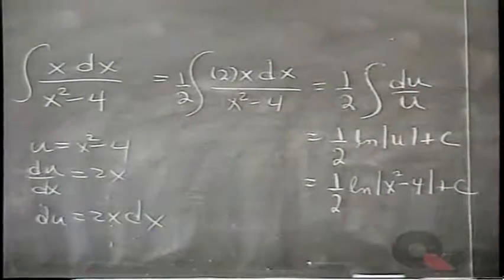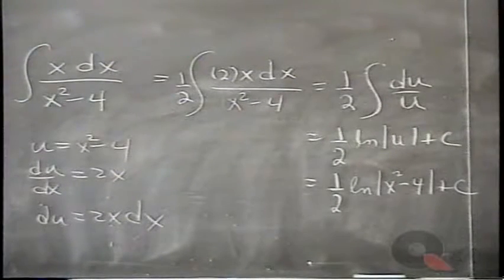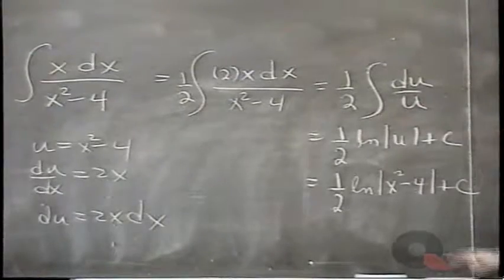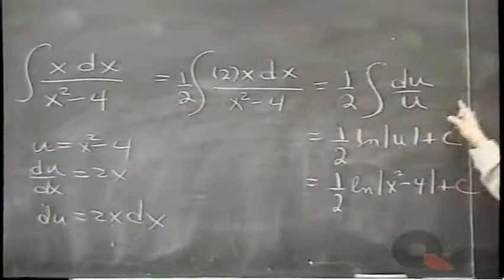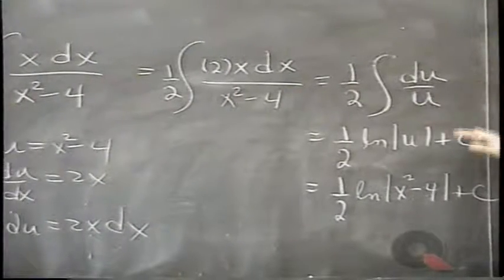Could you have done this by partial fractions? Yes, but it would be silly for you to take the time to do it. Always check to see if the integral is in basic form. Is it one of your standard integrals that you learned earlier in calculus? Okay, and this one is.